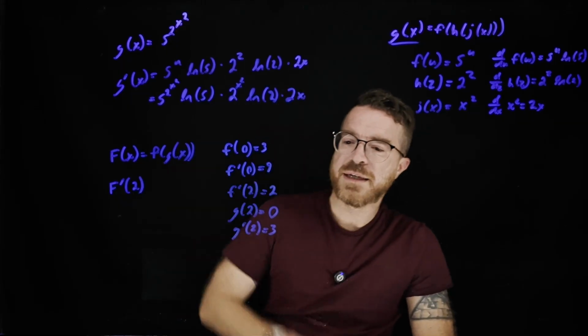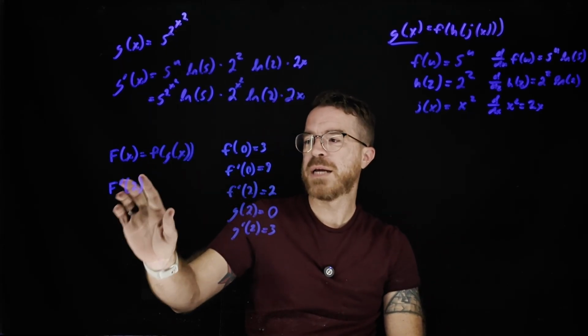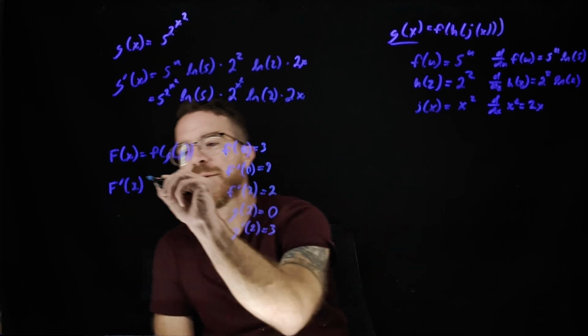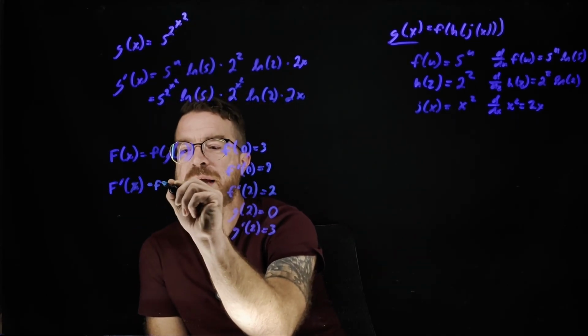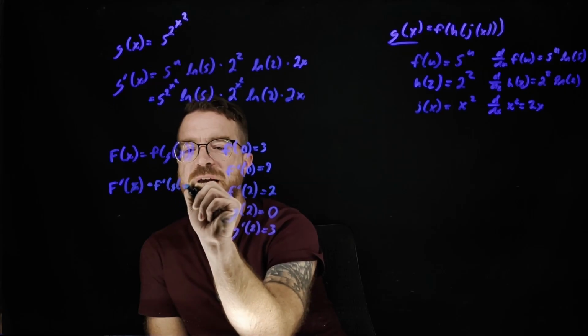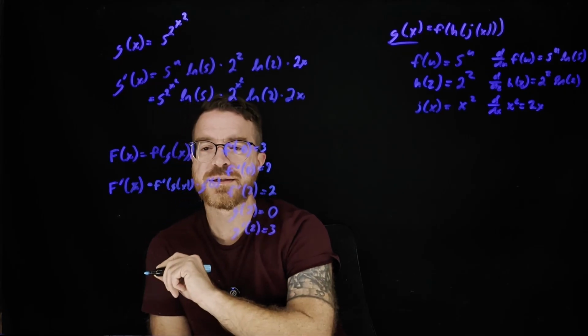So now, looking at this, if we wanted to take this derivative, I'm actually just going to leave it as F of x for now. So let's say we took the derivative of F of x. This is going to be equal to f prime of g of x times g prime of x.